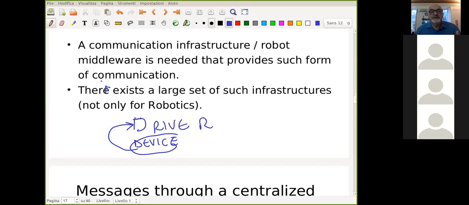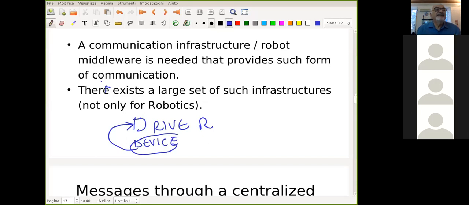It's a virtualization of the hardware. So the driver is an absolutely important piece of the low-level part of the operating system. That's the definition of device driver, shortly called driver.